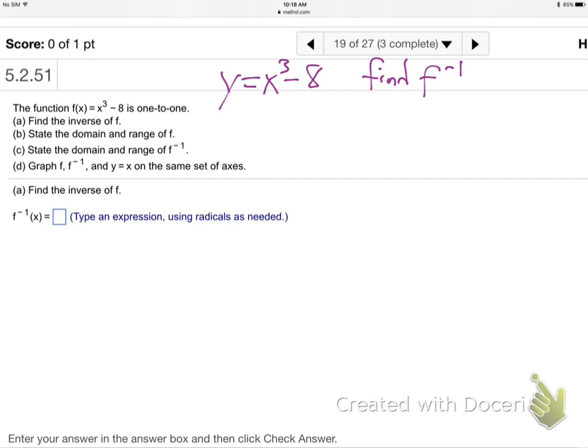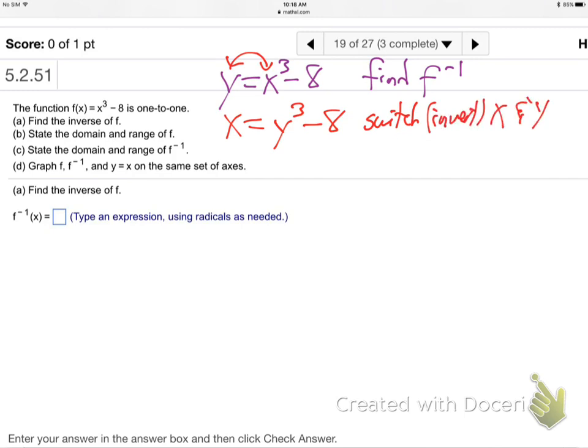Good, I'll jump in. So you switch x and y, right? Switch or invert x and y, and now solve for y.